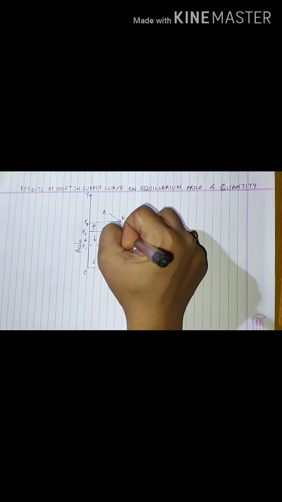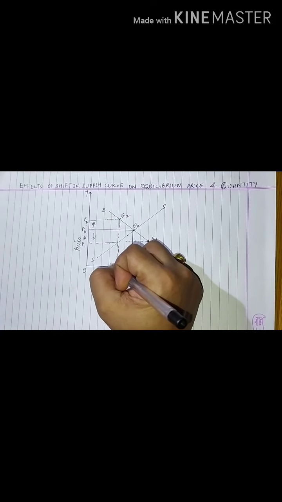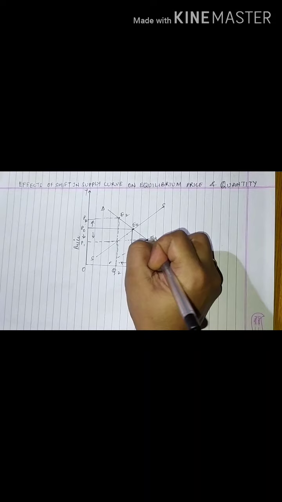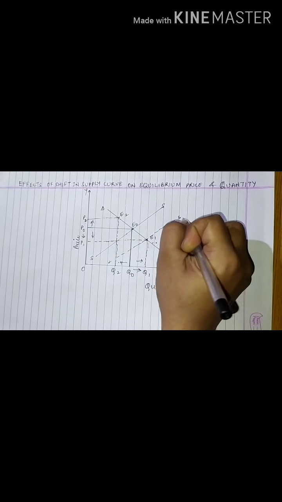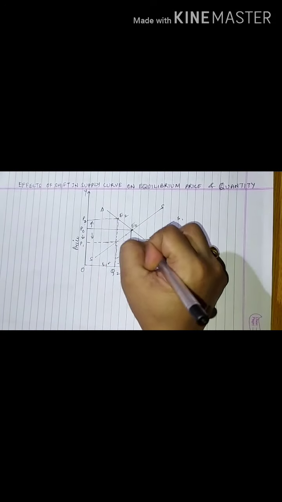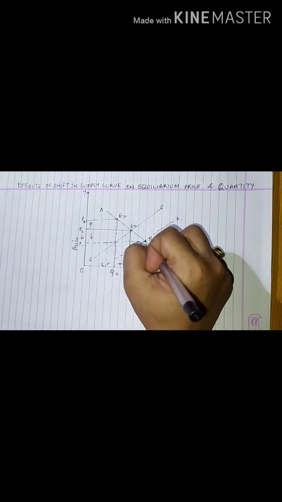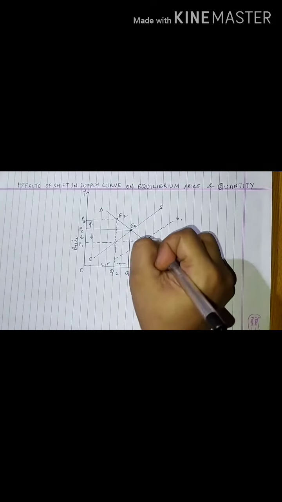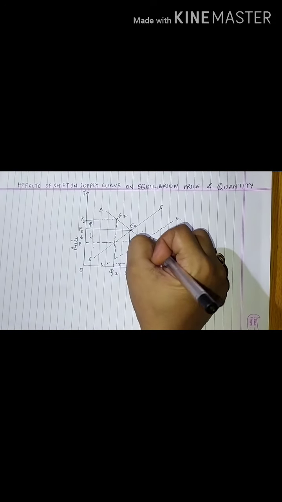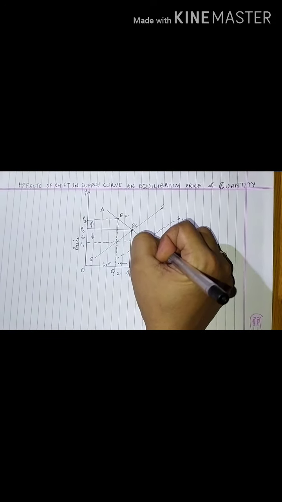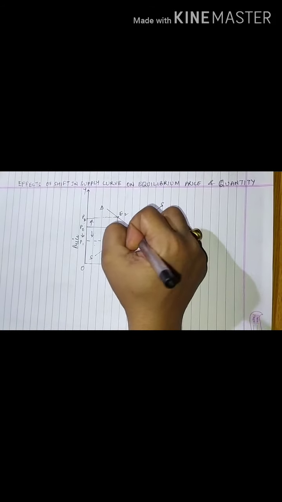So if I shift my supply curve towards right, this is my new supply curve, S1. My price reduces, my quantity increases, and my equilibrium also comes down compared to the previous one.